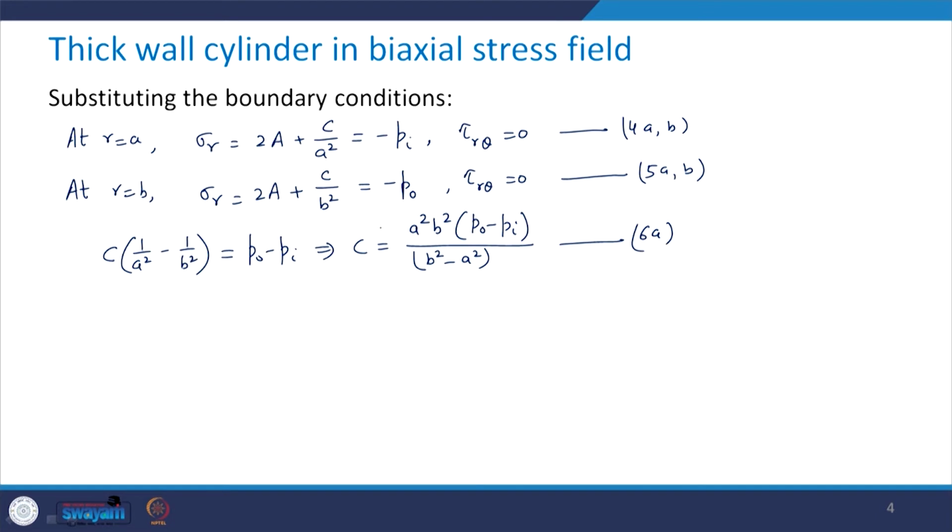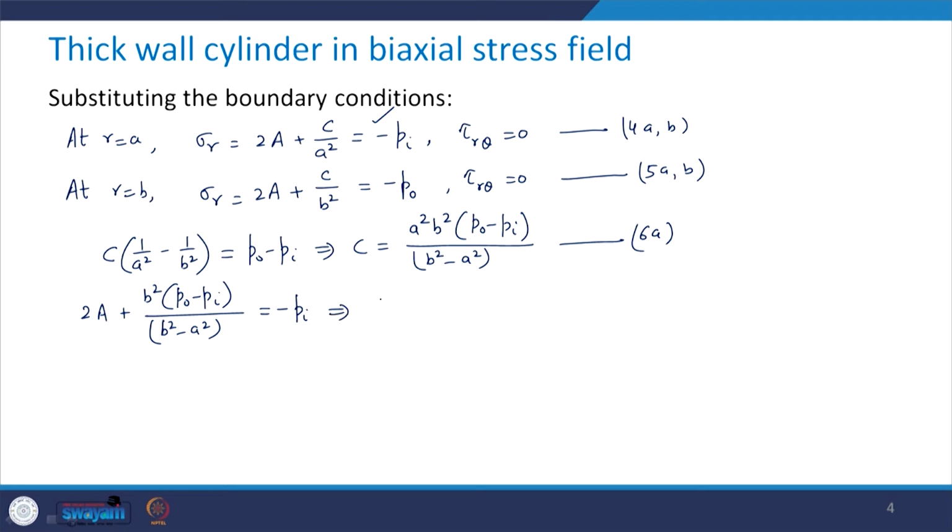Just substitute this c in this equation and see what you will get. 2a plus b square into (p naught minus pi) divided by b square minus a square, and this will become equal to minus pi.